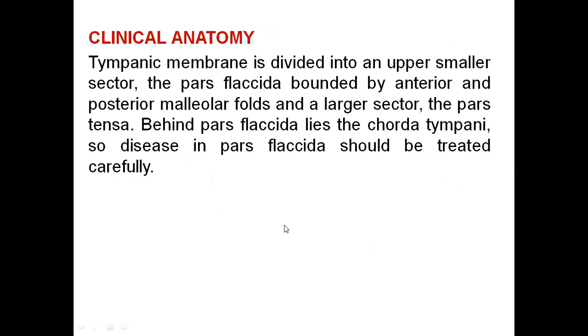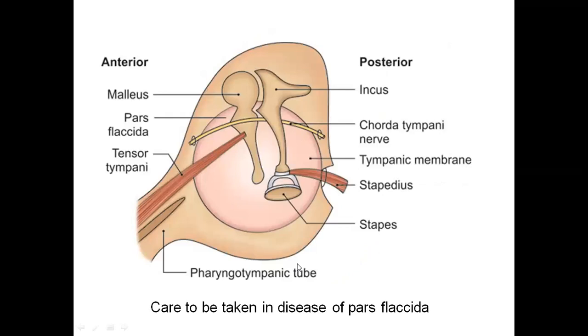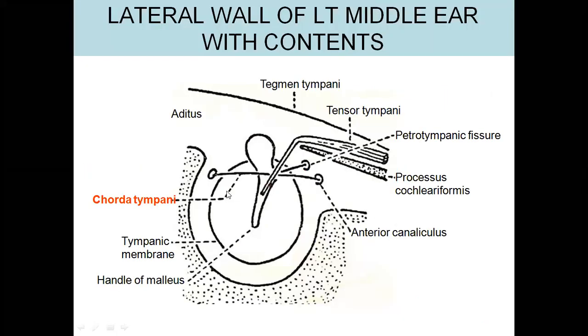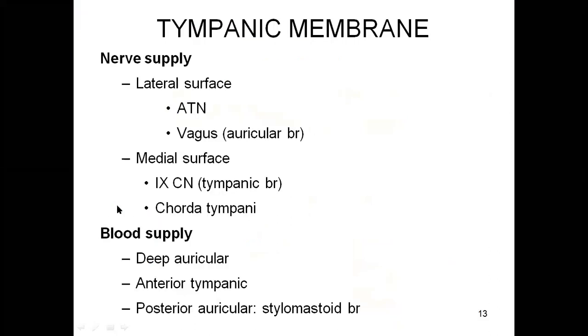That's why we have to be careful. So care has to be taken in disease of pars flaccida so that you do not damage the chorda tympani nerve. Those are the various layers of the tympanic membrane, and it is very closely related to this nerve, chorda tympani.